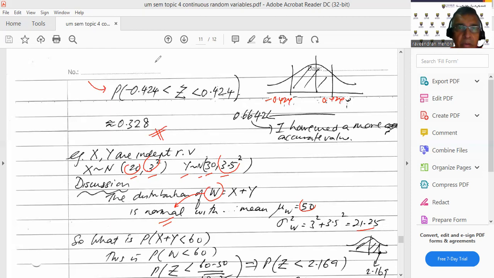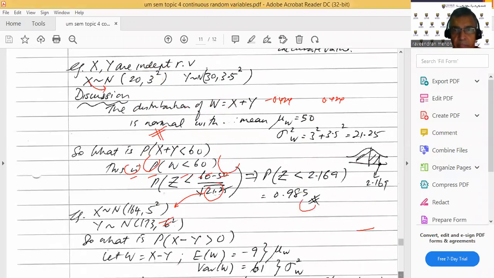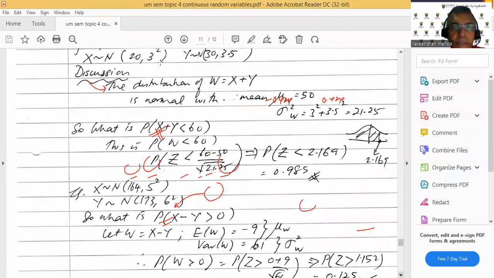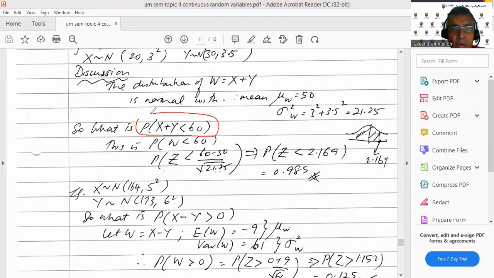Okay, now that you know that, we want to work some probabilities. If they ask you to find the probability that X plus Y is less than some number, let me move the screen. So we want to find the probability that the sum of the random variables X and Y is less than 60. We have referred to X plus Y as W. So basically we are trying to find the probability that W is less than 60.